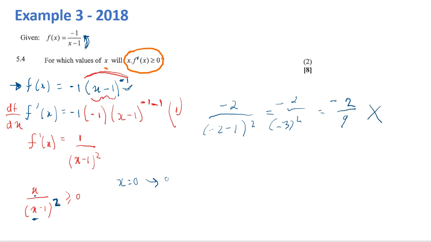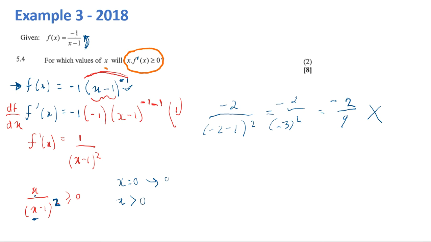That's smaller than 0, right? That's negative. Okay, so we'll have to choose values of x, therefore, larger than 0, or positive. Let's just say it like that. Okay, that's the first important thing to realize.